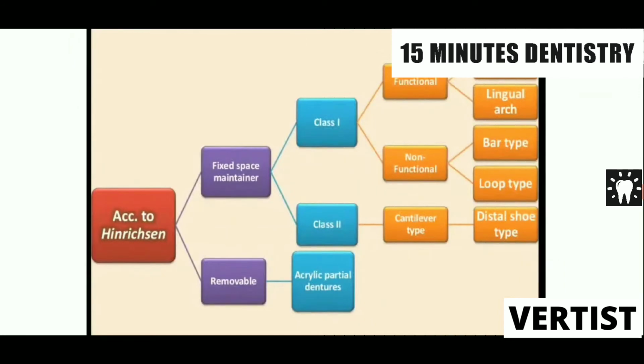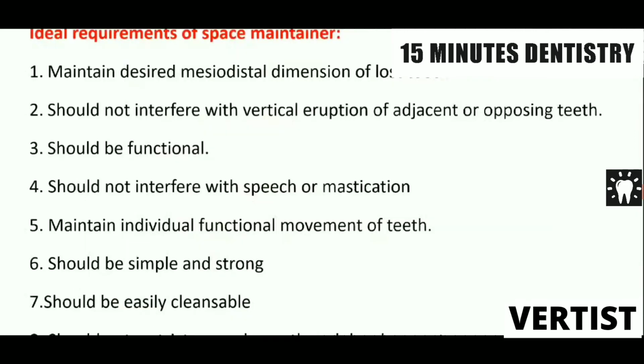There is another classification given by Hinrichsen. All these classifications differentiate the fixed space maintainer from the removable space maintainer. Let me go to the next slide so that we can concentrate on the actual space maintainers.